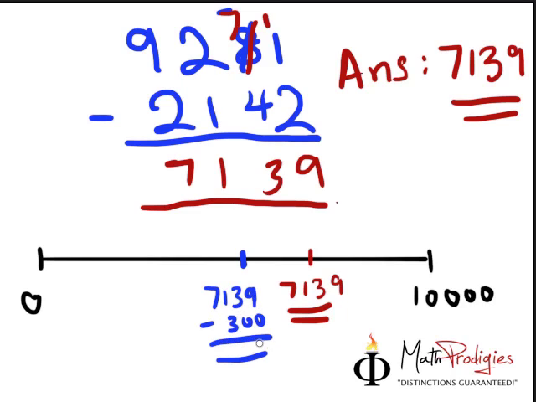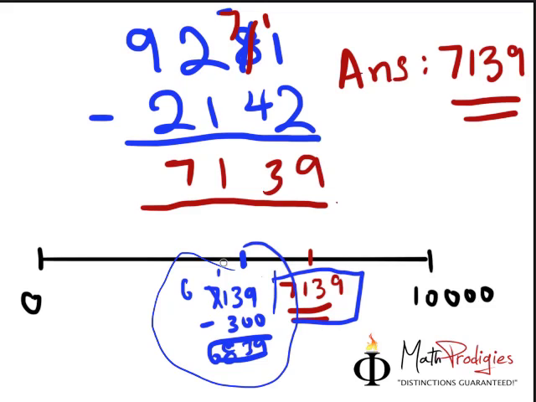Okay, and then what you will see is you will get 9, 3, 6, 11, 7, 8. 6839. So that is the answer for part D. So just remember, more than does not always mean plus. In this case, this number over here is actually more by 300 compared to this other number. So the question is asking you for this number.